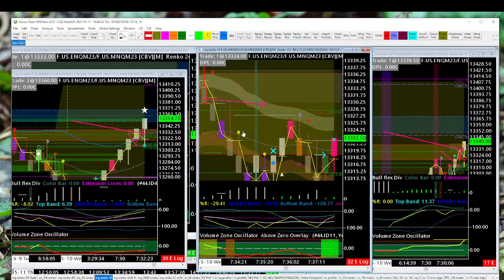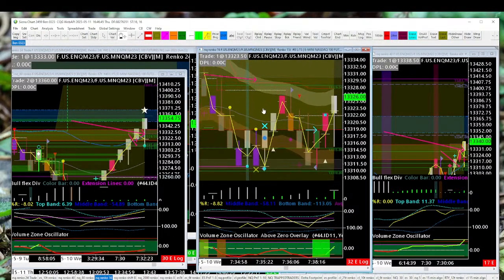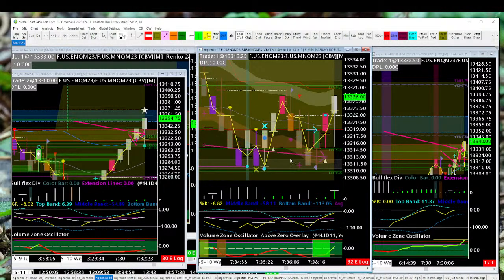And so when we get sellers right here, well below that target, we can't let that influence our decision making. On the other hand, if we were up here in resistance and we get that same kind of sell pressure, in my opinion, I can adjust my plan to make sure I can get paid.